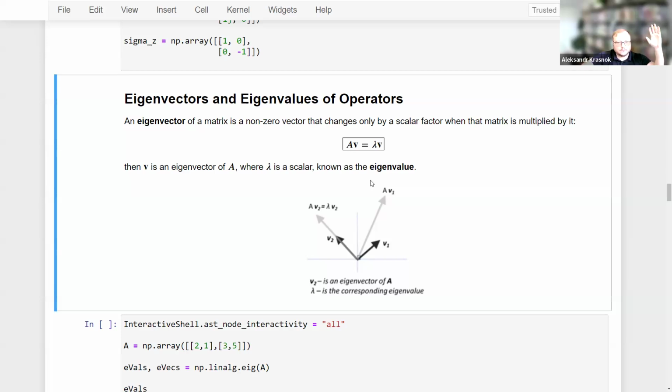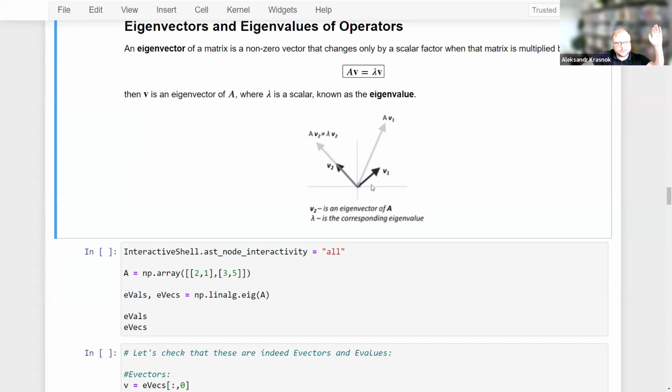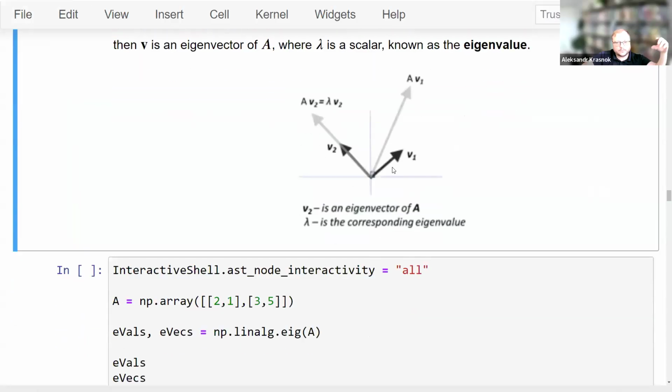Okay, so for example, let's consider picture here. First, vector v1. If I apply operator A on this vector, I create another vector A v1, which is changed in amplitude and orientation, magnitude and orientation. So this vector v1 is not eigenvector of this matrix A.